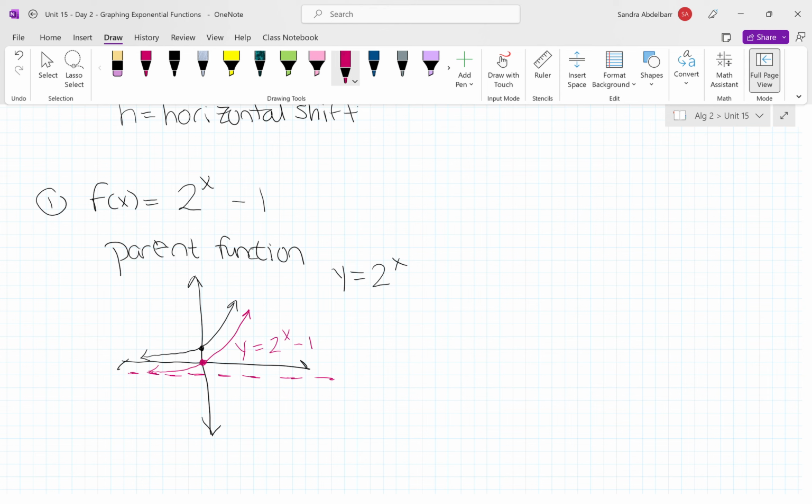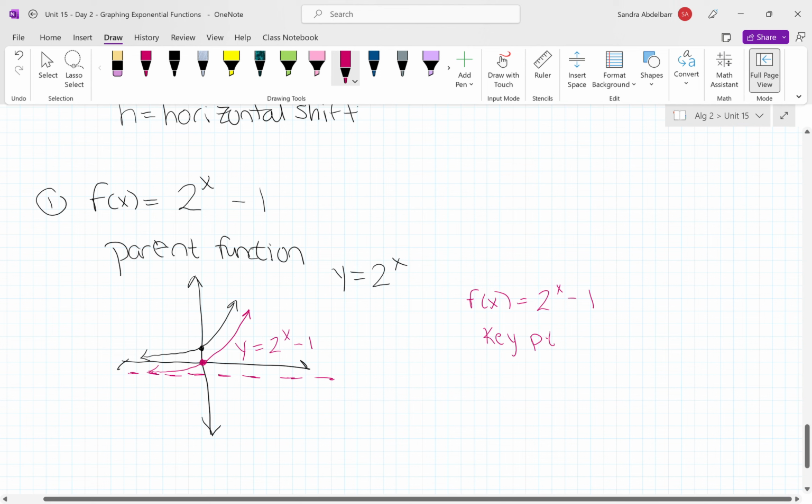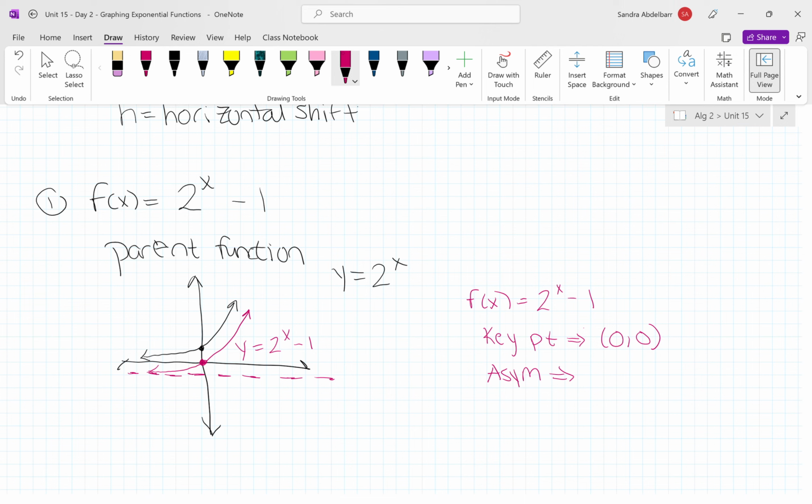Right, so let's talk about f of x equals 2 to the x minus 1. What is my key point? (0, 0). What is my asymptote? Y equals -1.